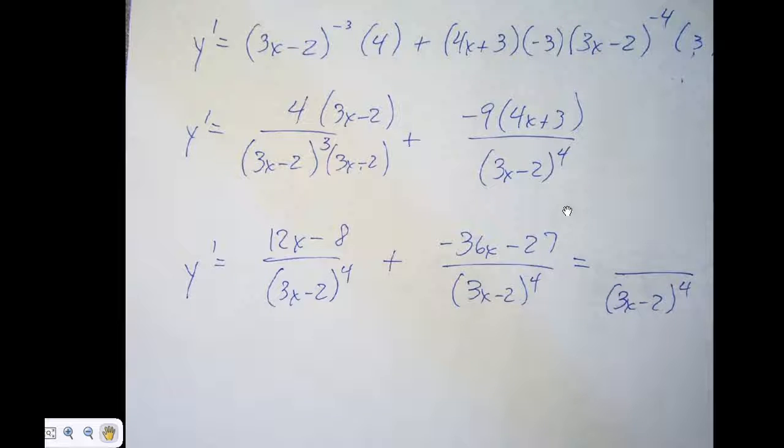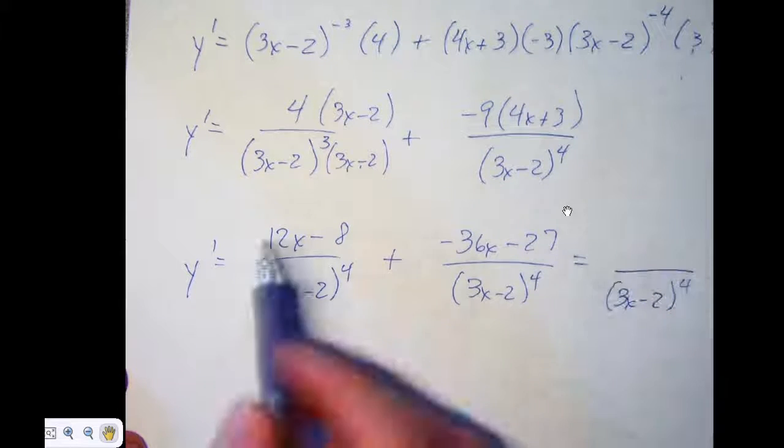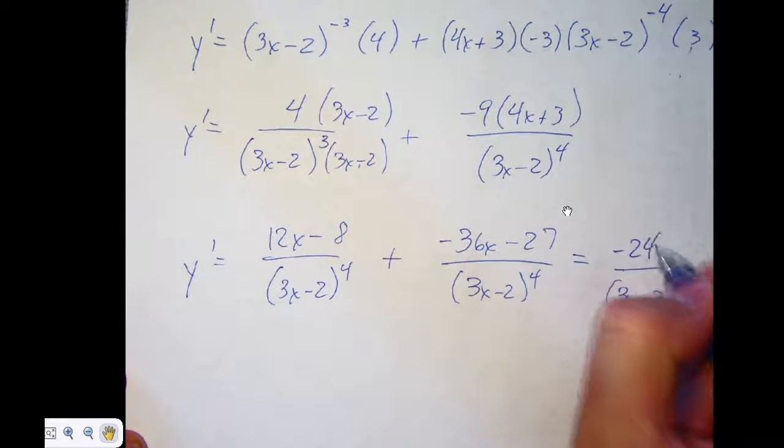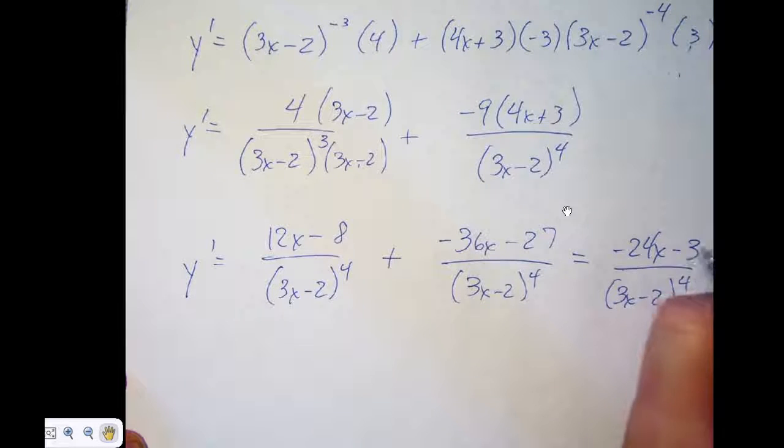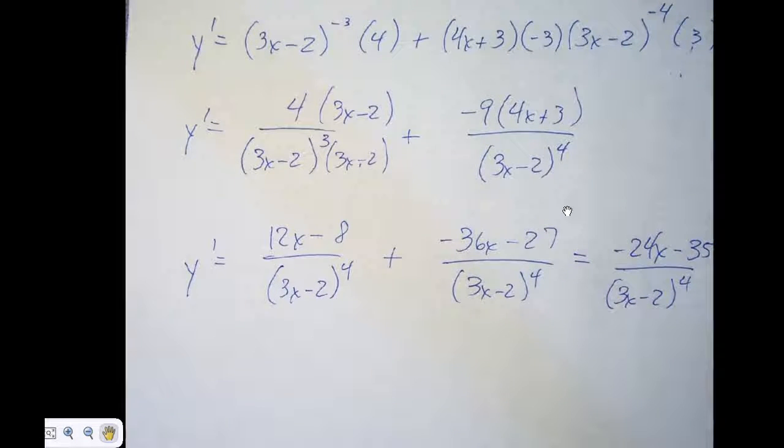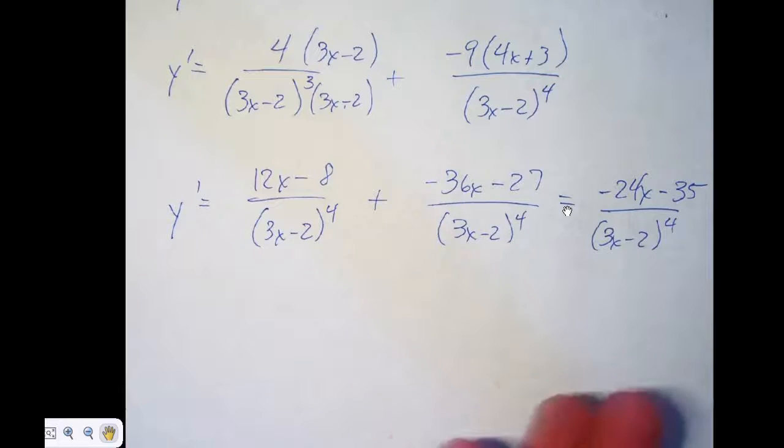So then you just combine the like terms going across, so negative 24x minus 35. And why are we doing that? Because if I asked you to set that equal to 0, top or bottom, you could do it easily. We're in that form now. That's all we want. Questions on that one anywhere?